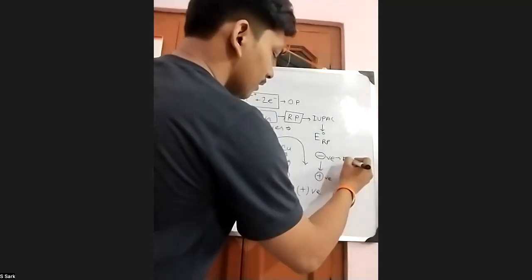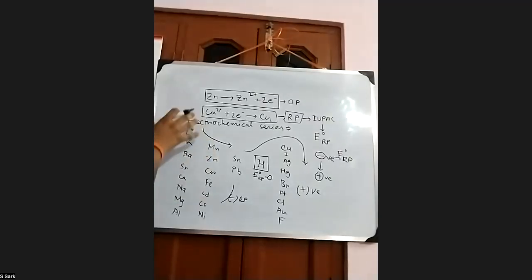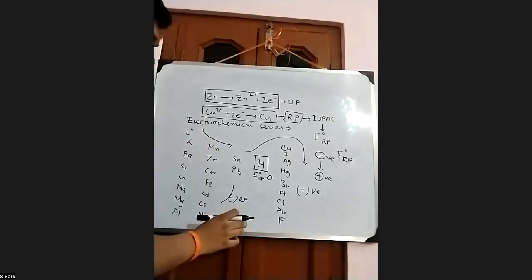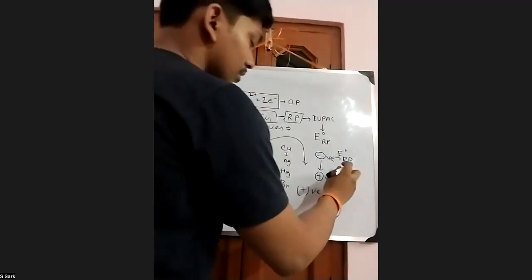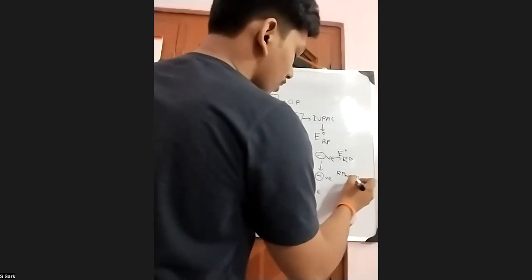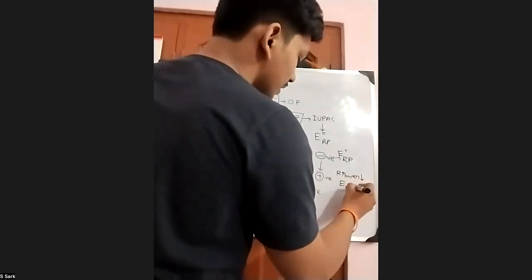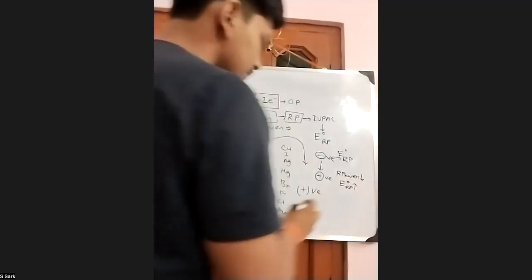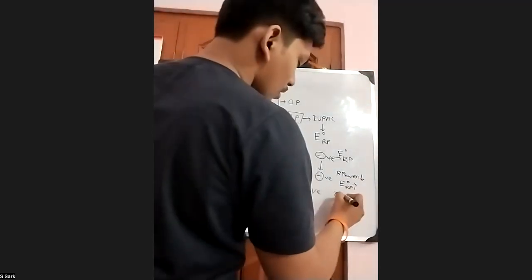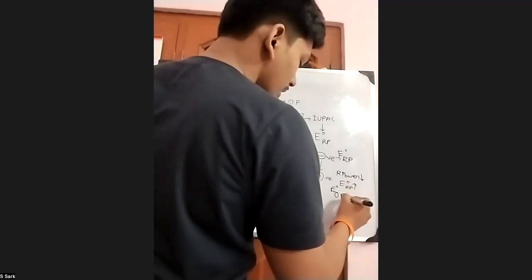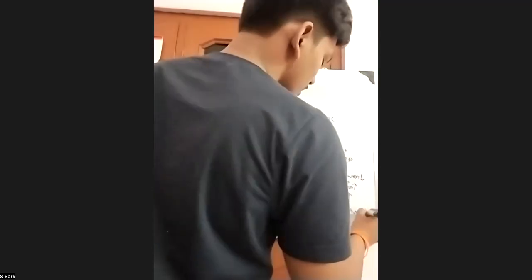Whenever the series goes from top to bottom, the reduction potential or reduction power of the element decreases. If ERP increases, then the reduction power decreases, and if the oxidation potential or OP increases, then the oxidative power will increase. So by this electrochemical series, we also know the reductive power and oxidative power of an element.